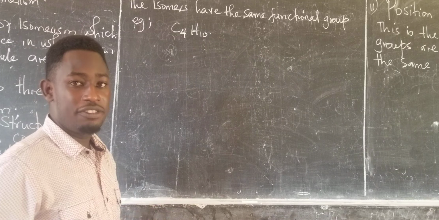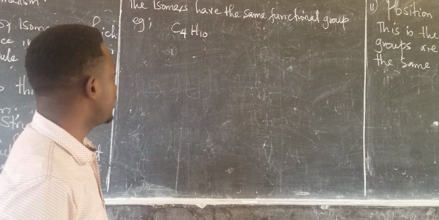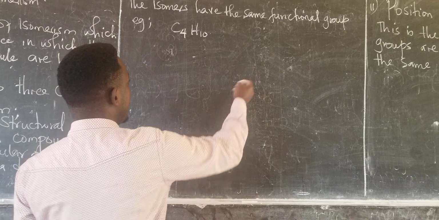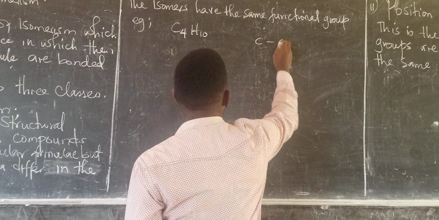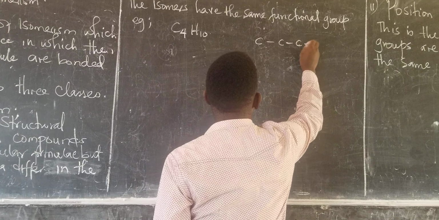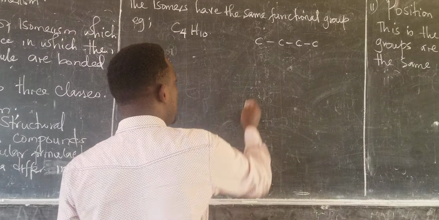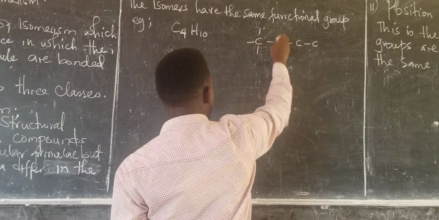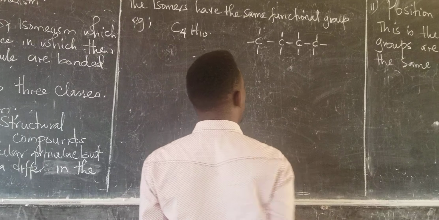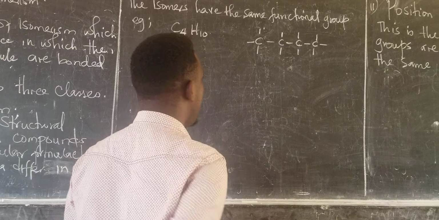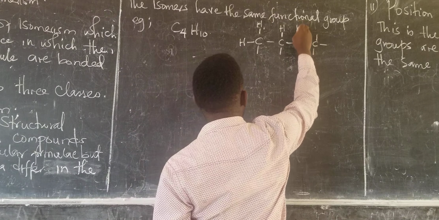And I'm going to show you how chain isomerism comes in. The first one I can exhibit, I'm going to create a chain that has 4 carbon atoms. Remember we said each carbon must have 4 bonds. So I'm creating 4 bonds here for each, and then I put hydrogen everywhere.